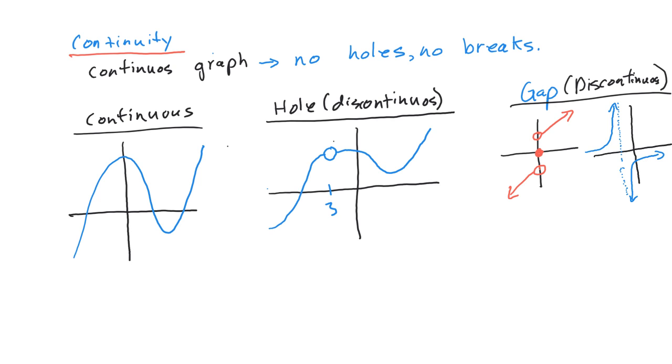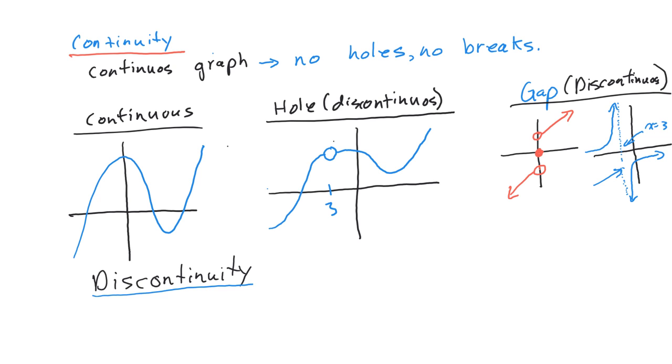So if I have a dashed line, that dashed line indicates discontinuity, because in this case, maybe x is 3 for that discontinuity. The graph, if I actually took my pen and drew it, I'd go from here all the way up to here, but then I'd have to lift my pen and start from here and go to here. But I'd literally have to take my pen off of the paper to recognize that. So if I ever have to take my pen off the paper to draw another half of my graph or another third of my graph, then we know that it is discontinuous.